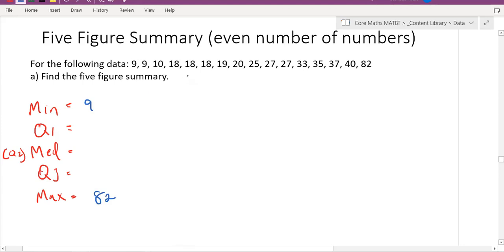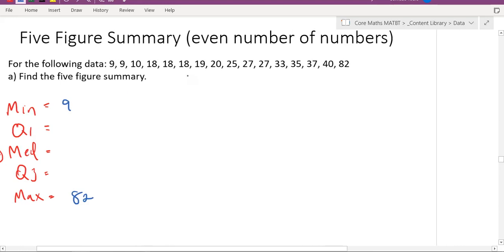Okay, so for the median, find the middle number. You can actually go ahead and find it by eye, but again, you can do that formula of n plus 1 divided by 2 for the middle number. So 1, 2, 3, 4, 5, 6, 7, 8, 9, 10, 11, 12, 13, 14, 15, 16. So there's 16 numbers.